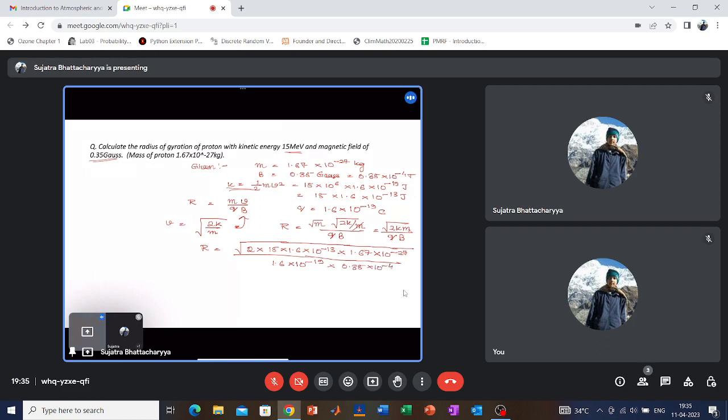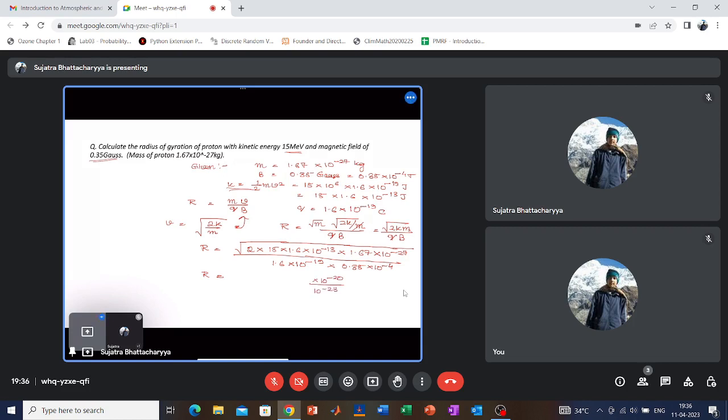Now if you solve it, let's see the powers: 10 to the power minus 27 and minus 13 gives 10 to the power minus 40, so it comes out to be 10 to the power minus 20 because there is a root, and the denominator is 10 to the power minus 23.